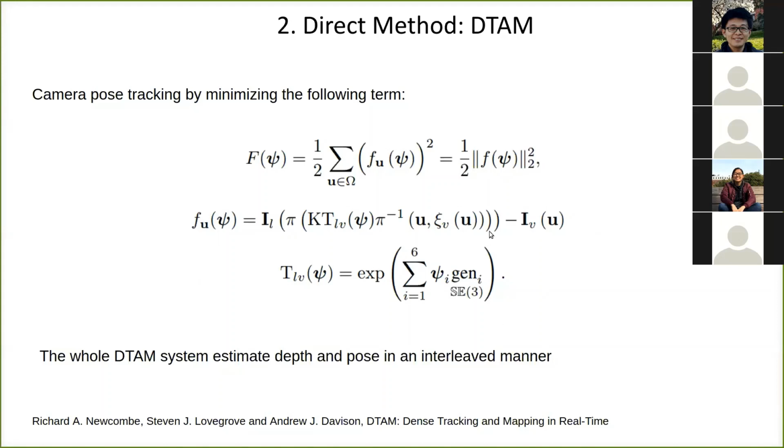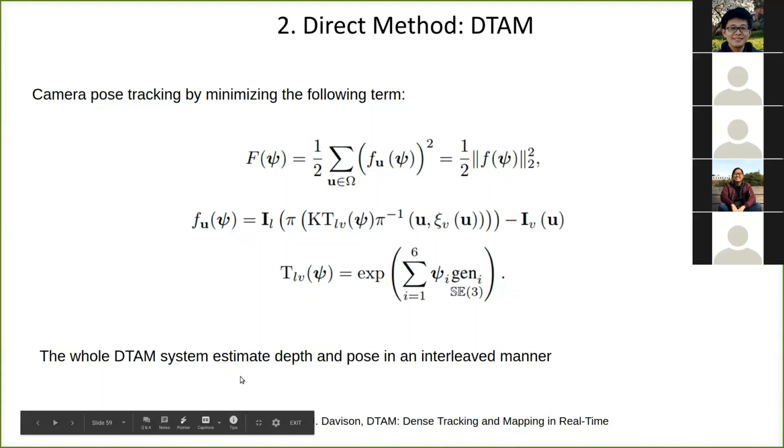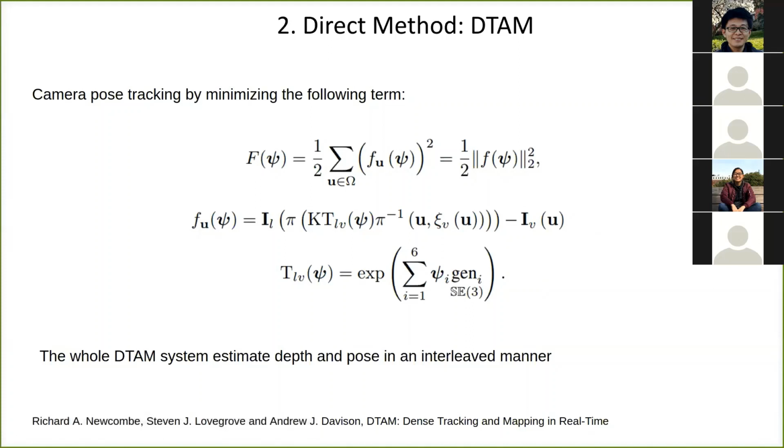So one thing we need to notice is that the DTAM system estimates the depth and the pose in an interleaved manner. So we first estimate the depth, and with this optimized depth, we optimize the camera pose. So these are done interleavedly, not at the same time.